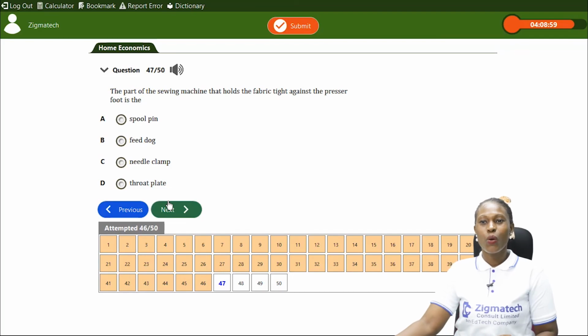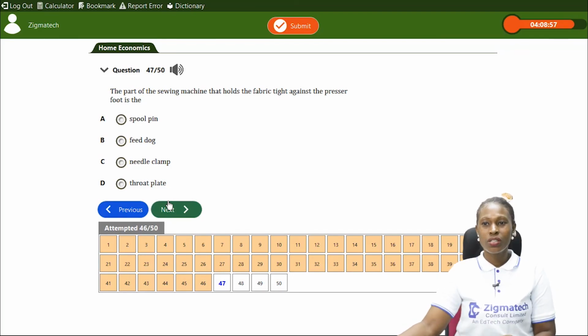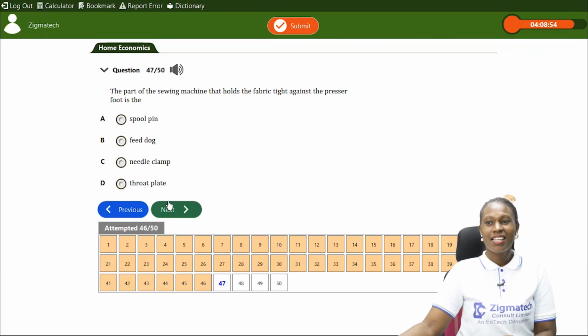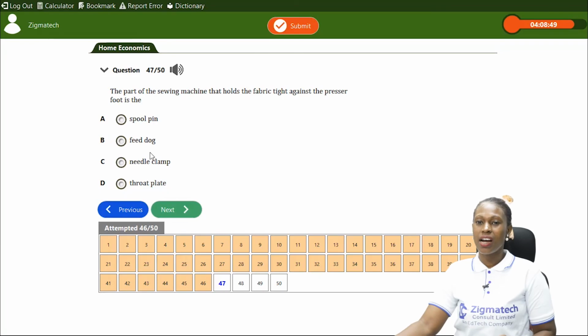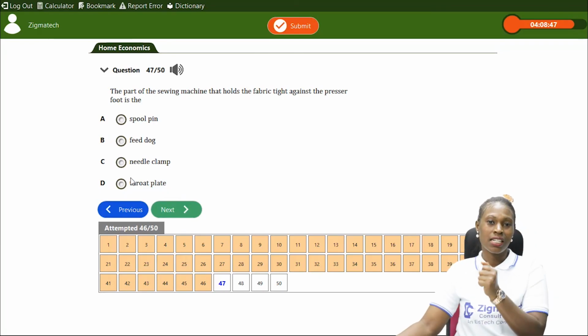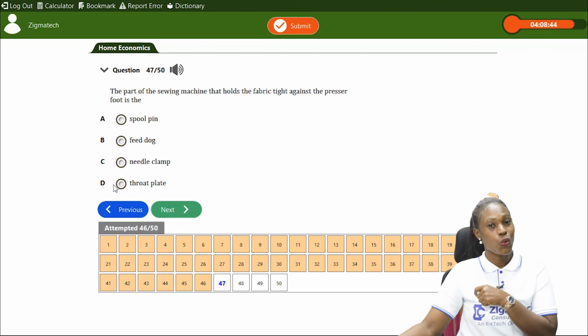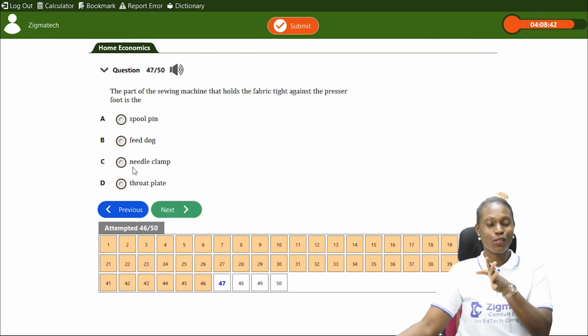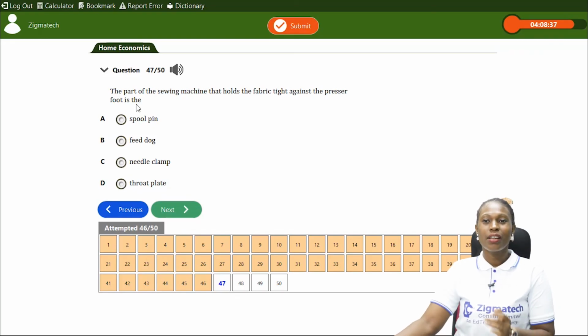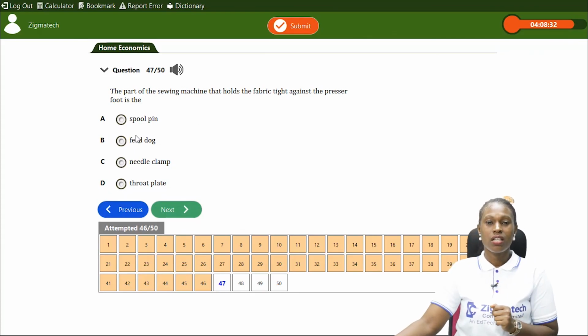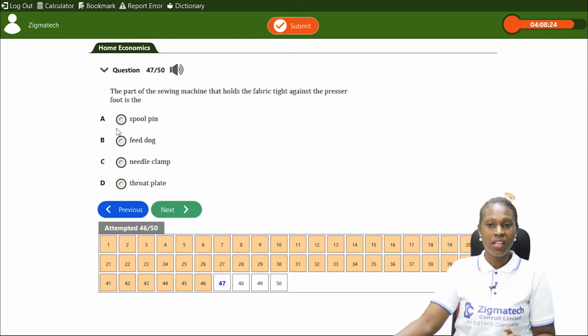Now, the part of the sewing machine that holds the fabric tight against the presser foot is the, now we have different options here. This is to let you know how much you know your sewing machine, okay? A, is it the spool pin that does that?